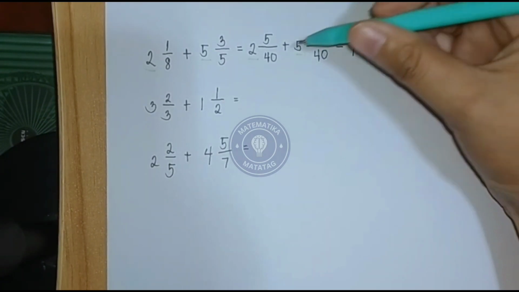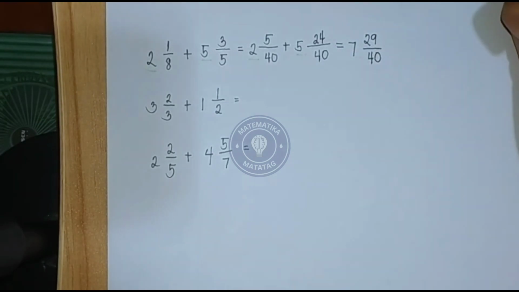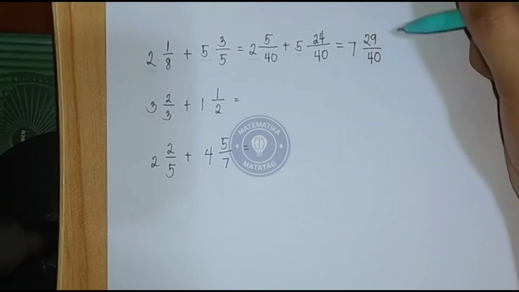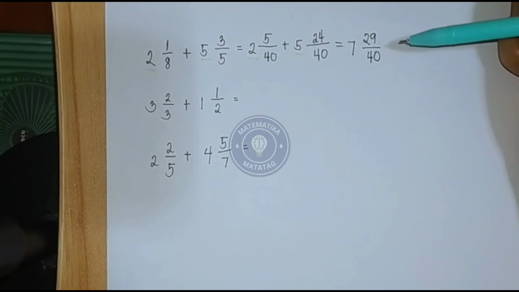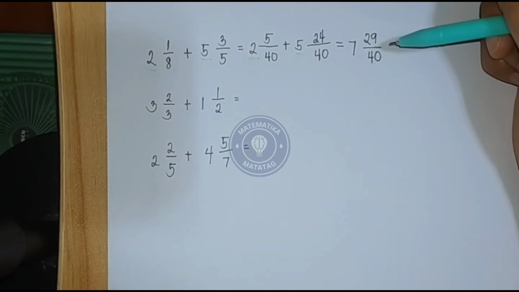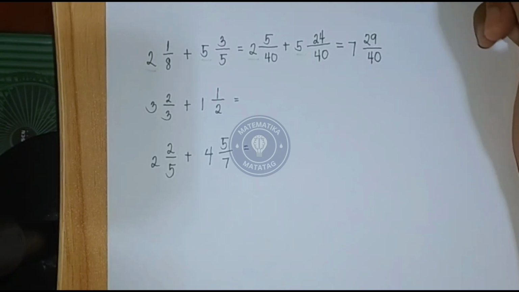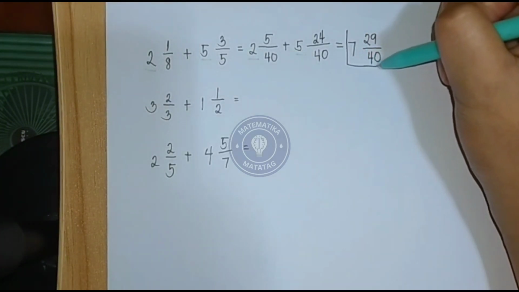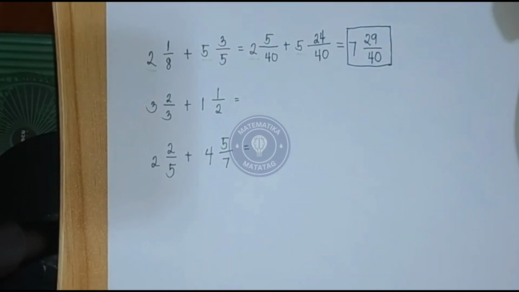Just copy the denominator. Always make sure that your final answer is expressed in lowest terms. Here in number 1, this one is already expressed in lowest terms. So this will be your final answer: 7 and 29 over 40.